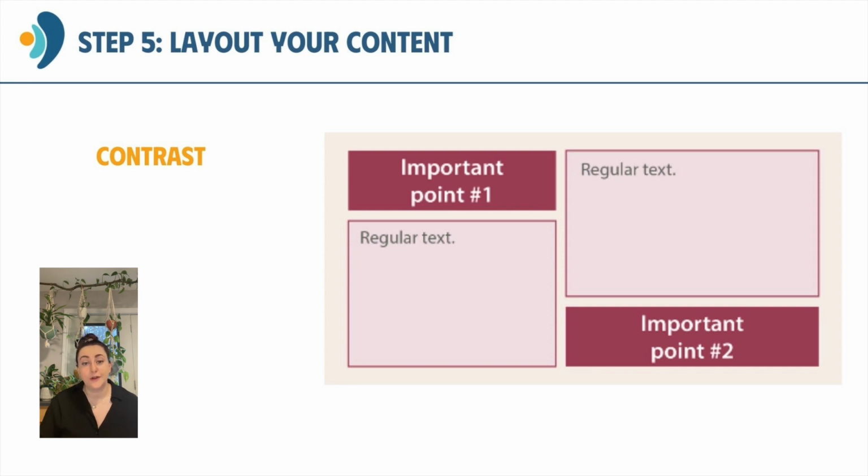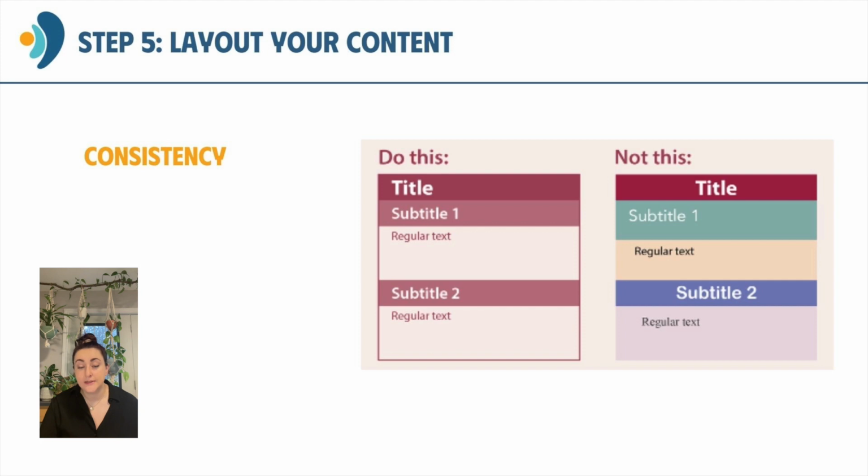This could also be used for important considerations when you're labeling types of illustrations or visuals, or you might consider changing the colors of the titles to differentiate them from the text. You also might consider using a shape, for example, a blocked color, as in this example. And you can also consider just using bounding boxes as well. There are a lot of different options for contrast, so pick one that works with your style and stands out to you. And the next point is consistency.